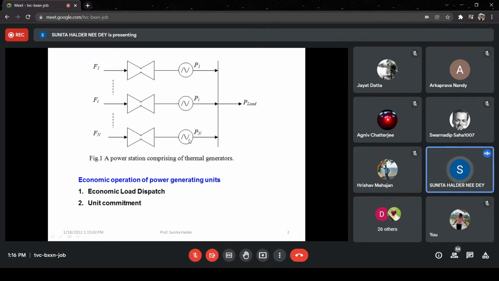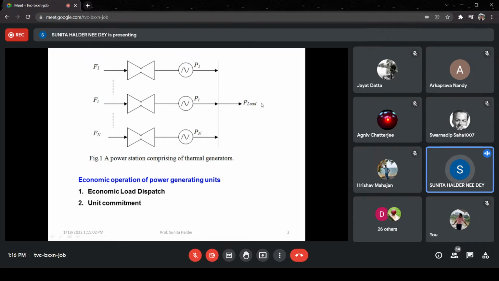That means what the output of each generator will be, that will be fixed. Ideally, mathematically, if there are n generators, we could load them with P load by n each. But that does not happen. That will not run the generators economically. In that case, fuel cost will not be minimum.